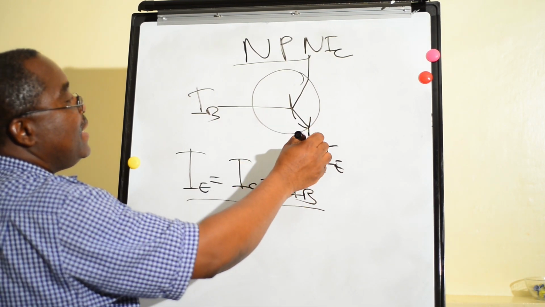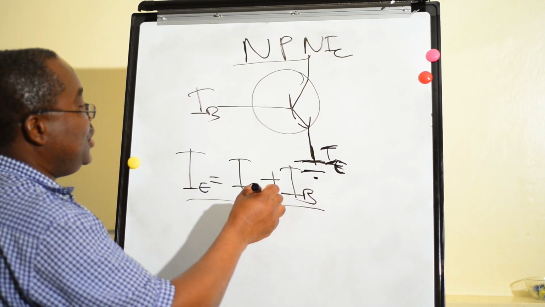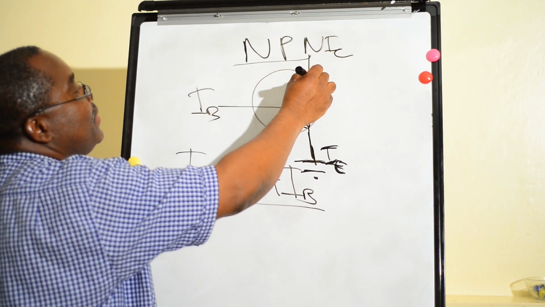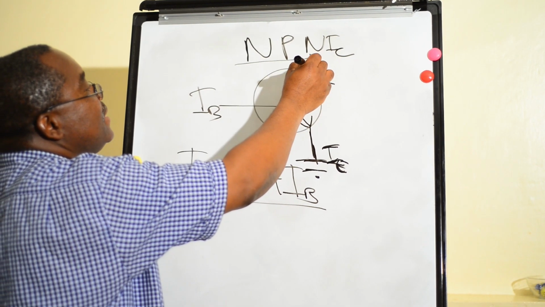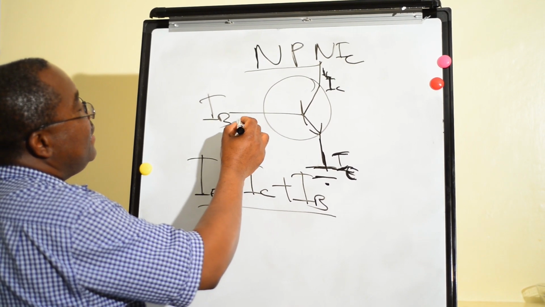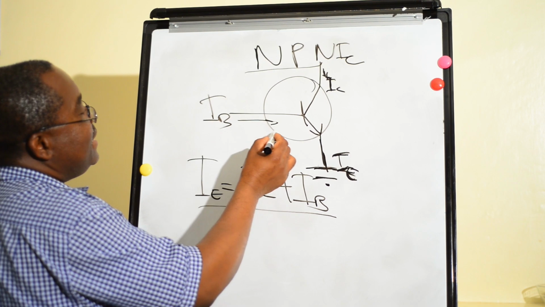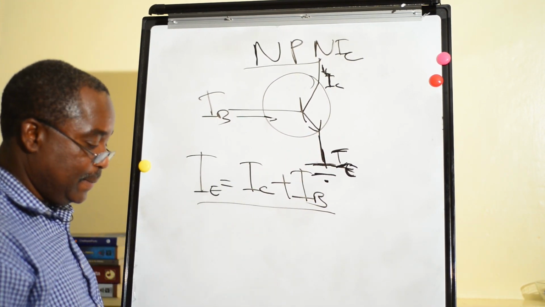So this is the emitter current, shown here, IE. Emitter current is the summation of collector current, let's put it here to be more clear, this is the collector current, plus this is the base, IB, plus base current.